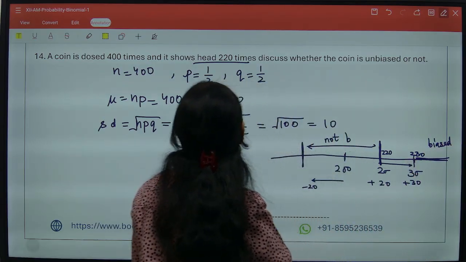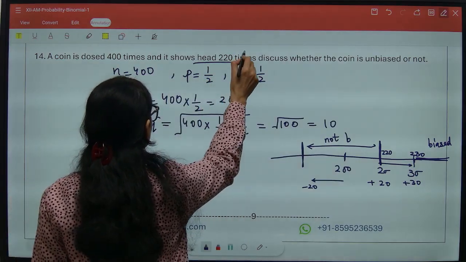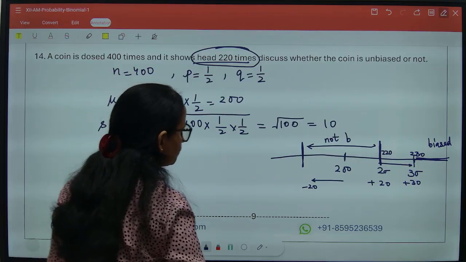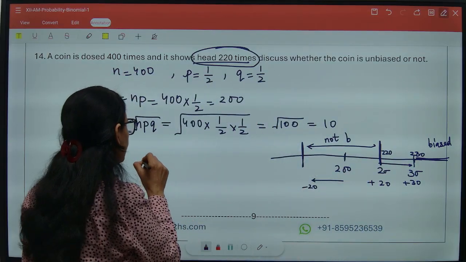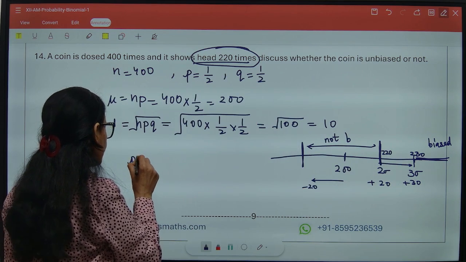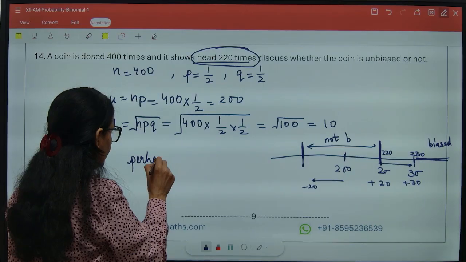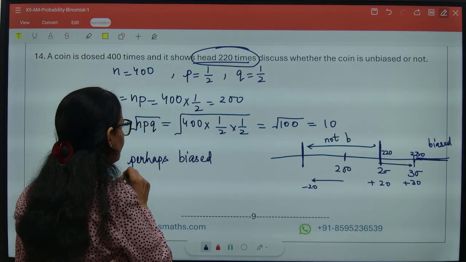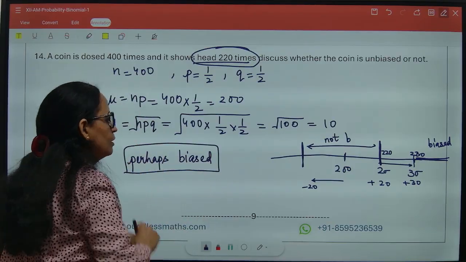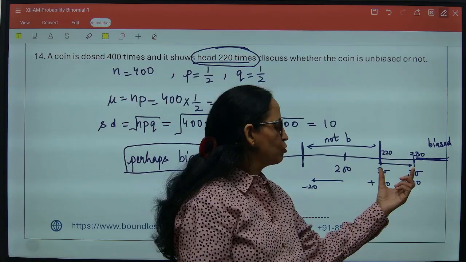Fine. So now the question says it shows 220 times head. So it is exactly here. So that means perhaps the coin is biased. You are not sure whether the coin is biased or not because it is lying in this range, 2 sigma to 3 sigma.